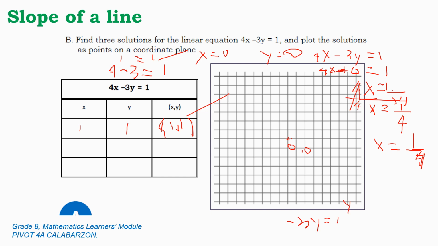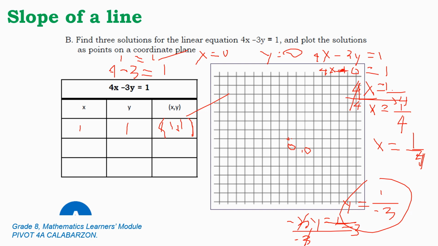You can cancel by dividing by negative 3, or transpose right away. So y is 1 over negative 3, which is negative 1/3, going downward. Earlier we had 1/4 here, and now negative 1/3. What other points will you use?